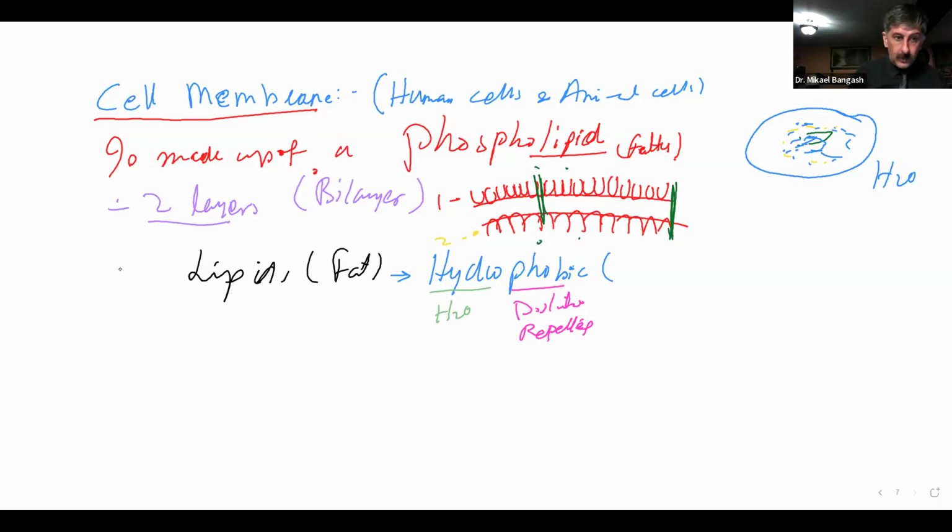So that's why there are going to be what we can call channels that pass through the cell membrane, mainly to allow substances to leave the cell and or to enter the cell.